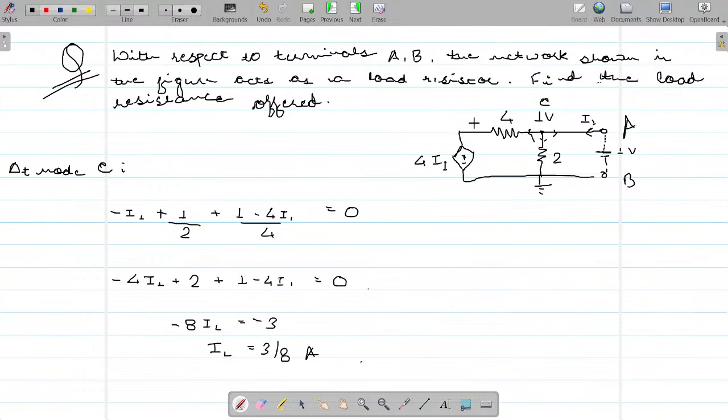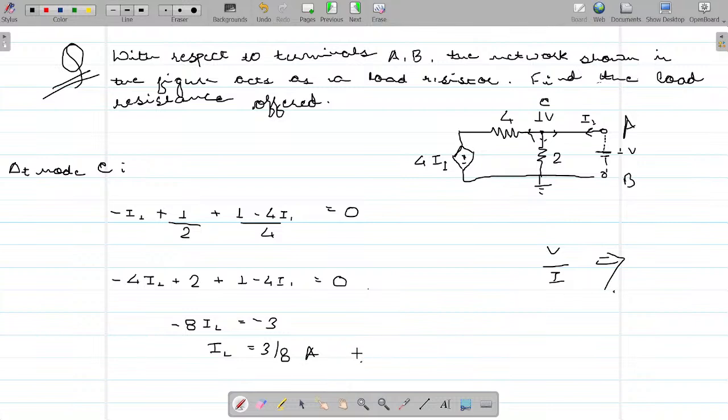In questions where the network itself is given as a resistance and there is no other way to find it out, we apply a fictitious battery of 1 volt, or otherwise we could apply a fictitious current source of 1 ampere. But we are to identify resistance, and so the simple V by I ratio would give you your resistance, right?